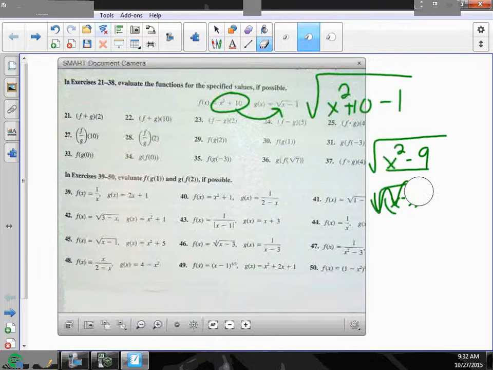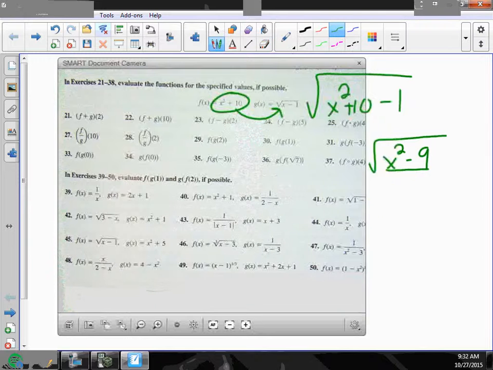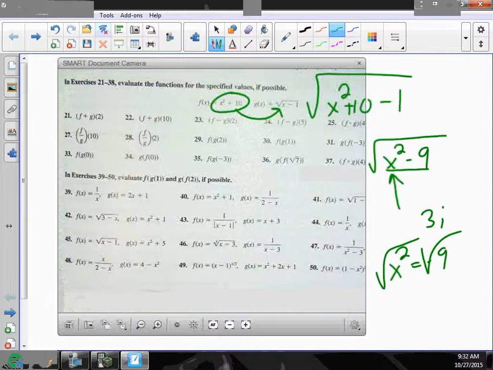So let's plug 0 in here. 0 minus 9 is negative 9. Square root of negative 9 would be 3i. Do I need a minus 3i? The only time you get a minus 3i is if it's x squared equals negative 9. And when we square root, eliminating that x deletes the negative version, and we have to stick it back in. So this is just 3i.